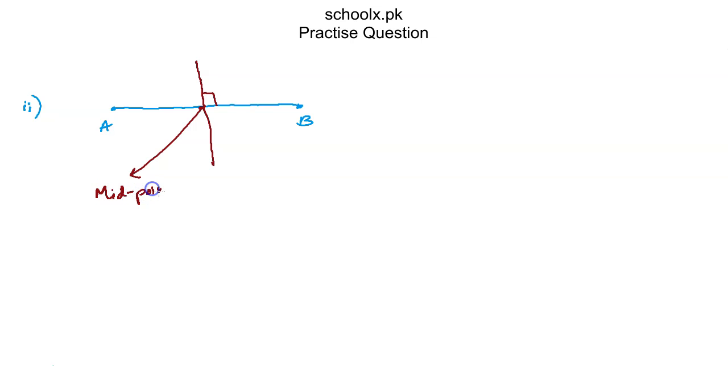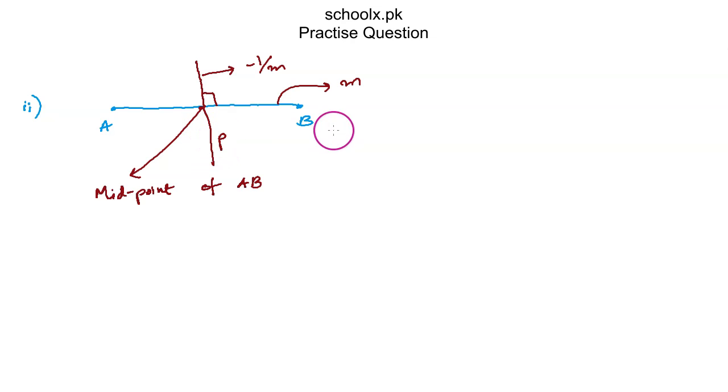If the gradient of AB is m, the gradient of the perpendicular bisector will be the negative reciprocal, -1 over m.